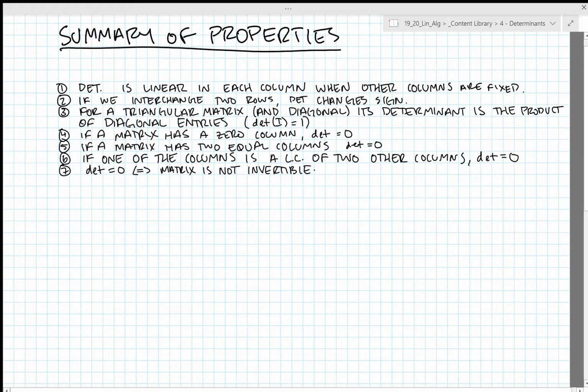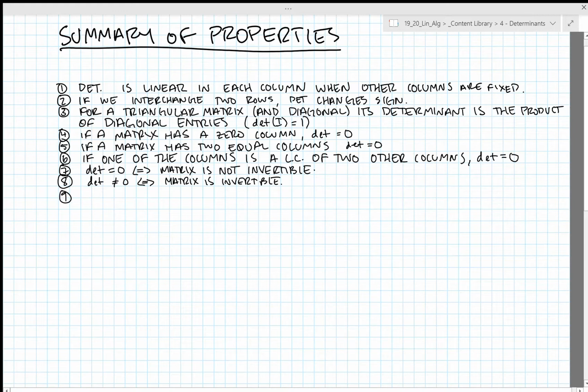Similarly, the determinant is non-zero if and only if the matrix is invertible.